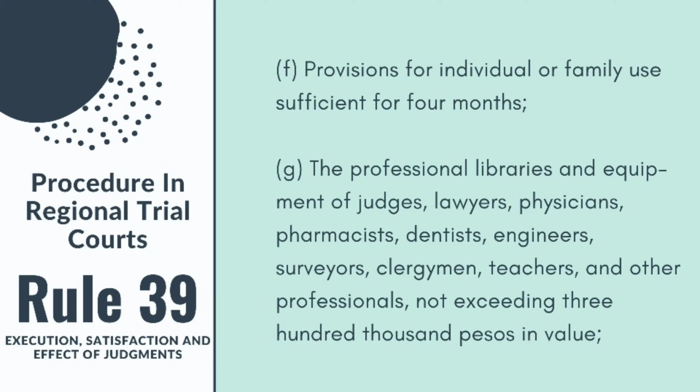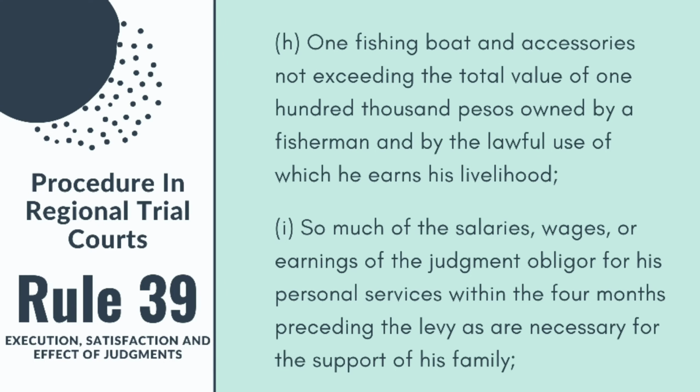G. The professional libraries and equipment of judges, lawyers, physicians, pharmacists, dentists, engineers, surveyors, clergymen, teachers, and other professionals, not exceeding 300,000 pesos in value. H. 1 fishing boat and accessories not exceeding the total value of 100,000 pesos, owned by a fisherman and by the lawful use of which he earns his livelihood.